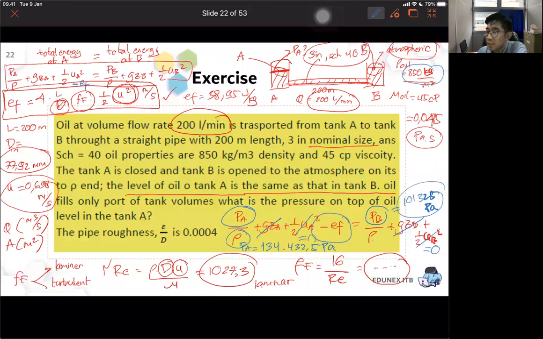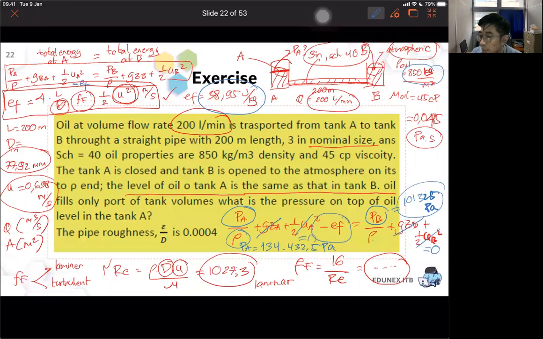For the others, please check your calculation. So the atmospheric pressure at 101,325 Pascal, divide by 850, and then the value should be added with the EF, the 38.95 joule per kilogram, then multiply it by 850.